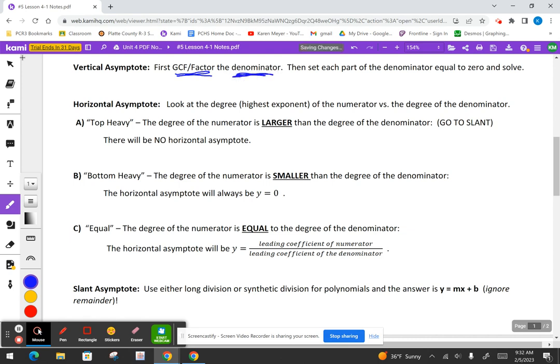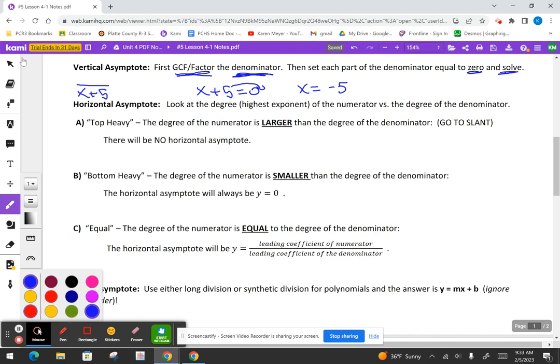On the denominator, you're going to set it equal to 0 and solve. So for example, if I had x plus 5 on the bottom of this fraction, I'm going to take x plus 5, set it equal to 0, move the 5 over, so x equals -5. And that would be my answer.